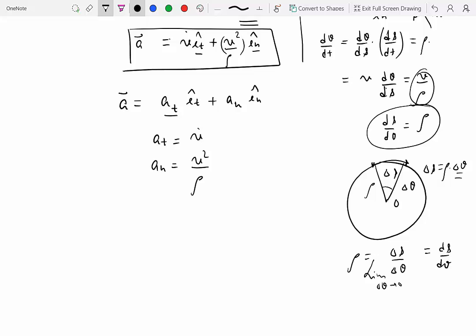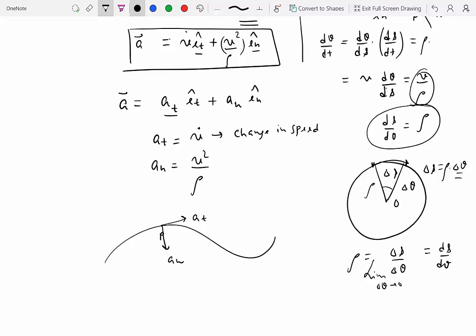So along a path at any given point, there is a tangent component, at, given by v dot, and a normal component, an. Tangential direction acceleration is given by change in speed. So if you're driving your car along a curved path and your speed is changing, there will be a component of acceleration along the direction of the tangent, which is the same as the direction of velocity.